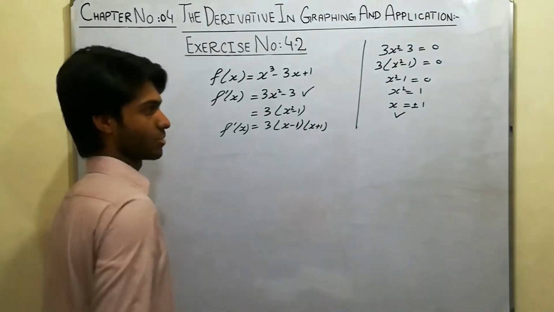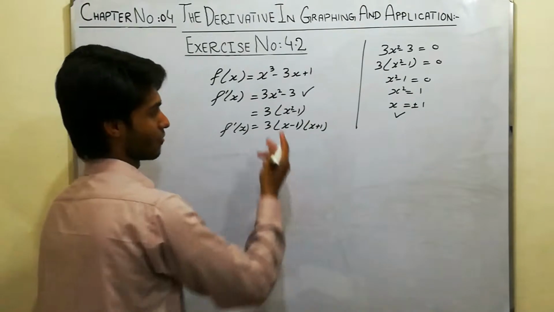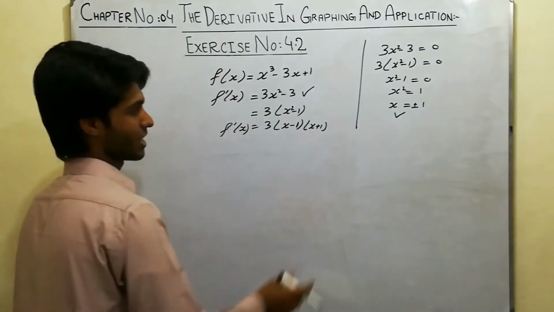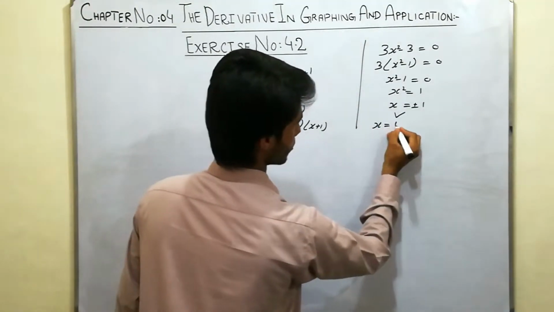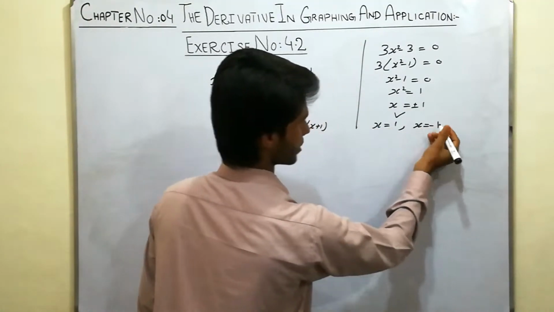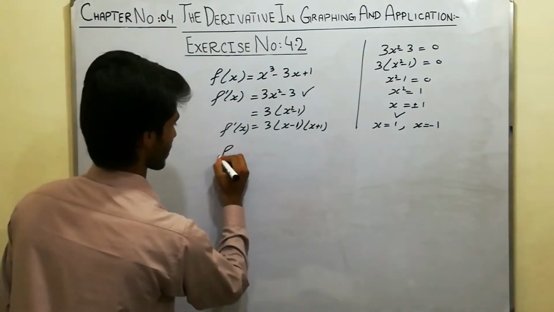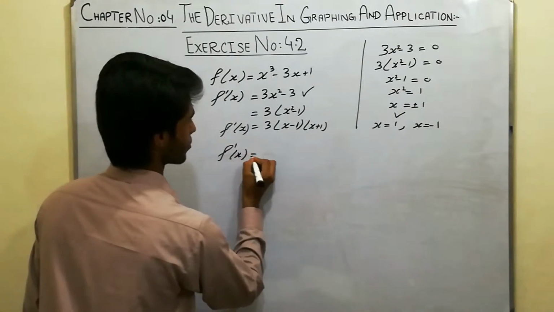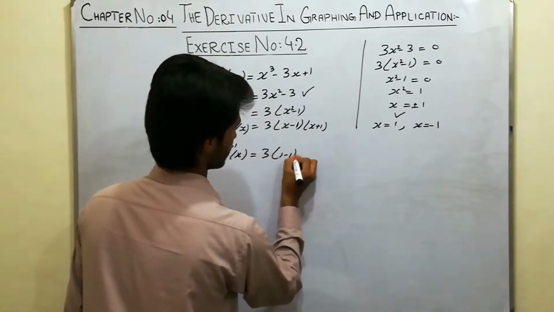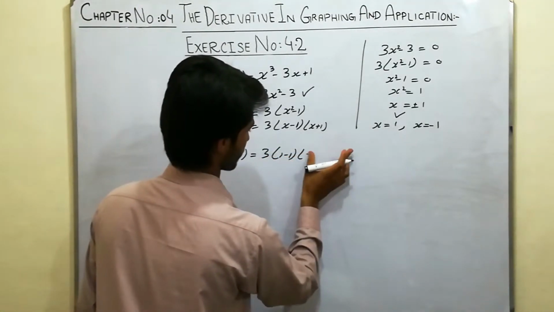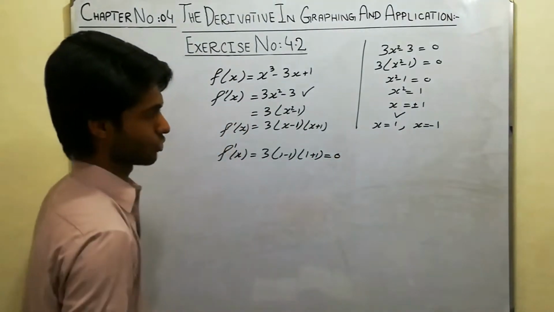And what is a stationary point? If we put these points in the first derivative and the first derivative is equal to 0, then these points are our stationary points. Let's suppose x is equal to 1 and x is equal to minus 1 are our critical points. If I put x is equal to 1 in the first derivative, I have f derivative x is equal to 0.